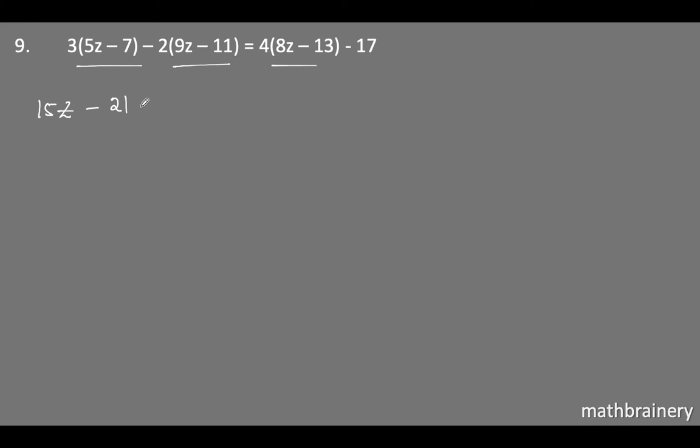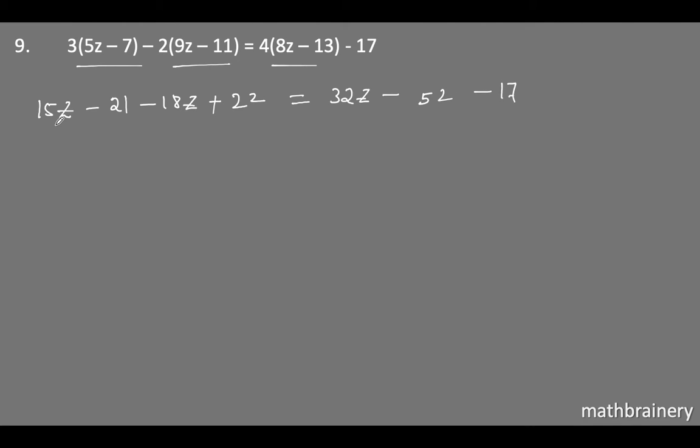Minus 2 into 9z is minus 18z, minus 2 into minus 11, minus into minus will be plus, so minus 2 into minus 11 will be plus 22. This is equal to 4 into 8z is 32z, minus 4 into 13, that should be 52, minus 17.